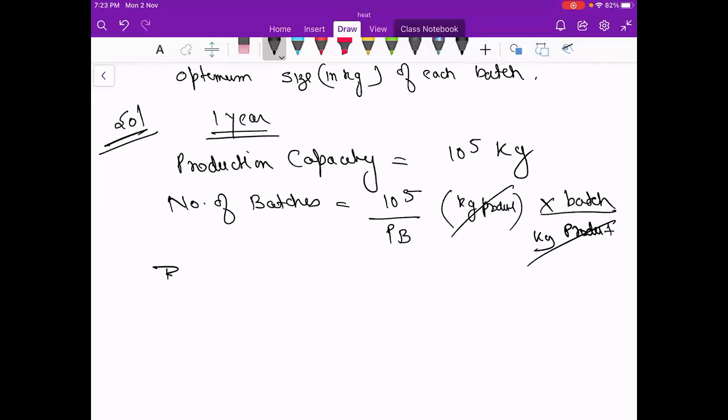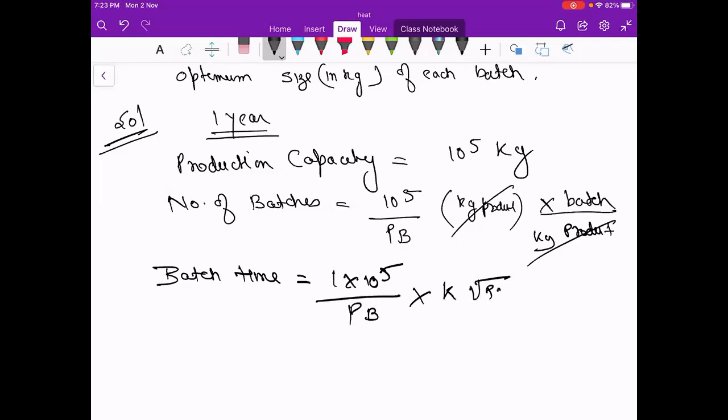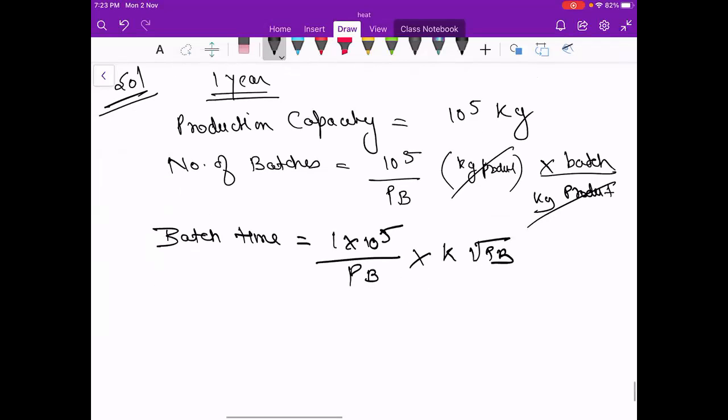Next, batch time. It will be 10 to the power 5 upon PB, and batch time is K under root of PB. If you solve this, you will be getting 10 to the power 5 into K, and under root of PB will come.